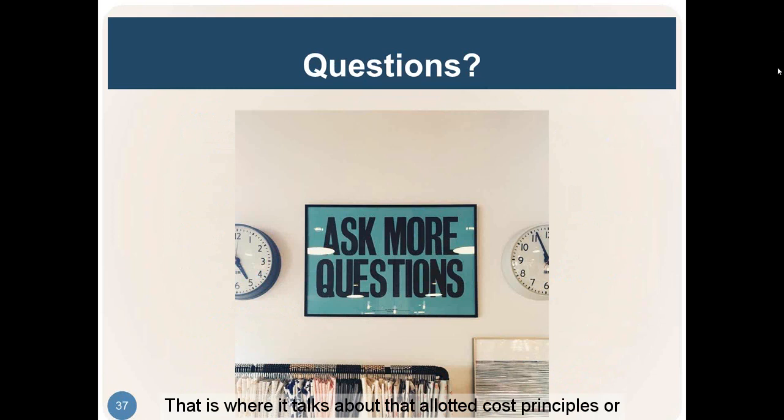And so that's where it talks about that a lot of the cost principles, or Part E of the Uniform Administrative Guidance, much of that is not required. Again, as a state, tribe, or territory, you can choose to require it and follow it, but for LIHEAP specifically, it's not mandatory. For CSBG, the cost principles are.